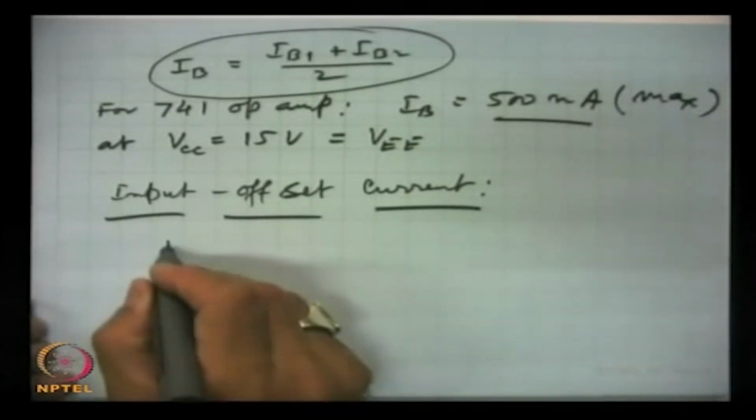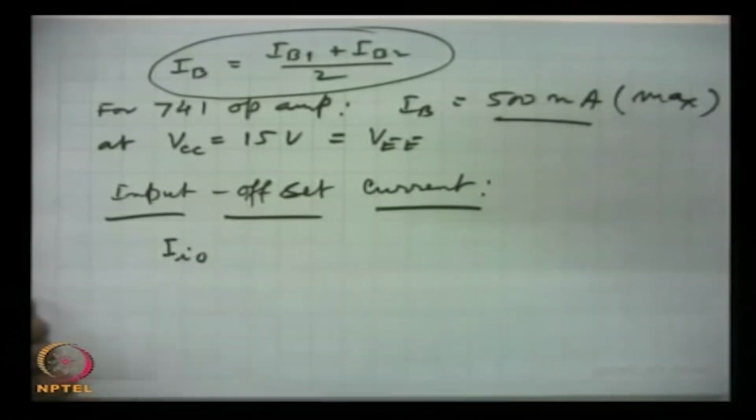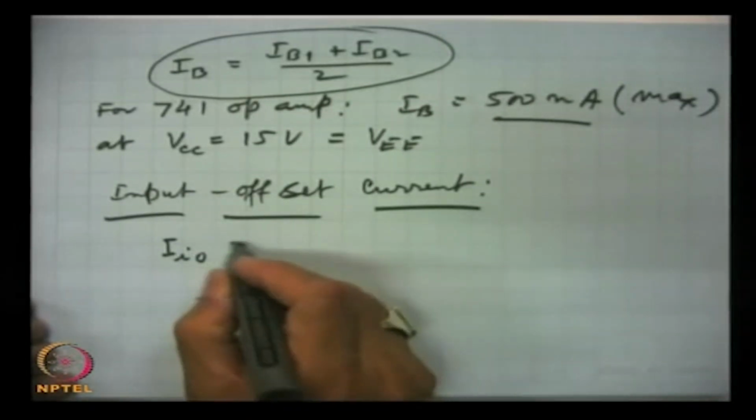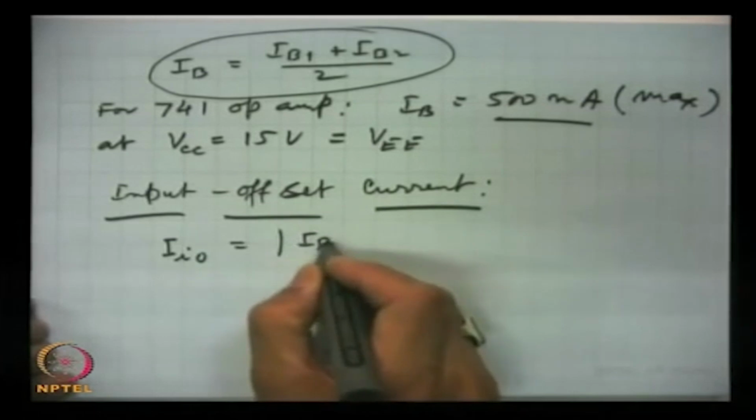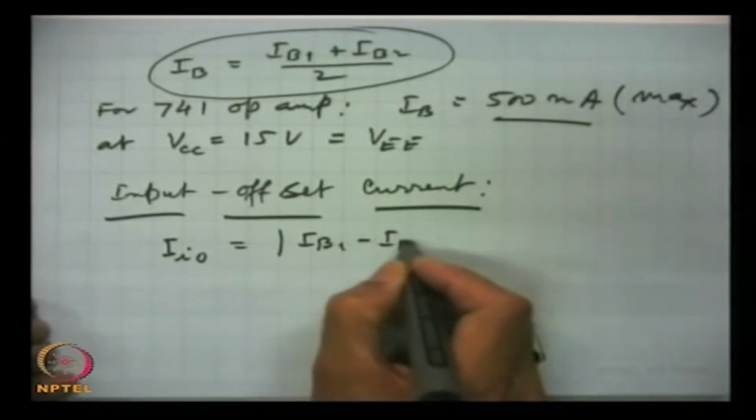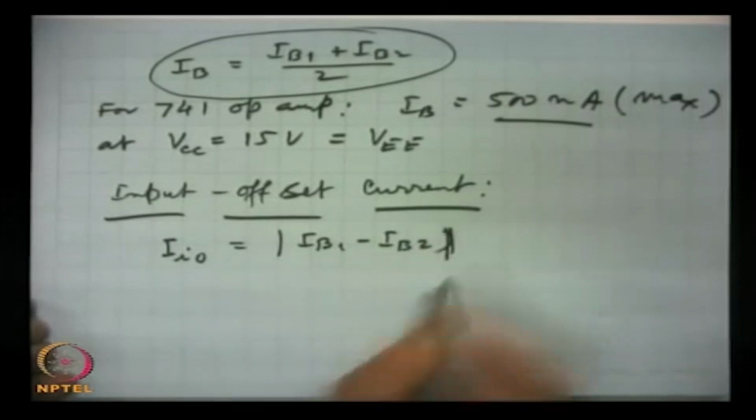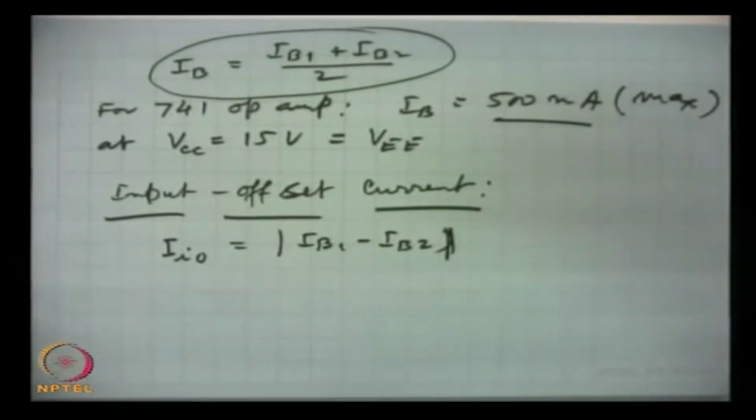So, I input and O for offset, this is given by the magnitude of IB1 minus IB2. And we have already talked about what gives rise to these currents. This is because the two transistors which form the difference amplifier of the first stage are not exactly 100% identical. They are not perfectly matched.